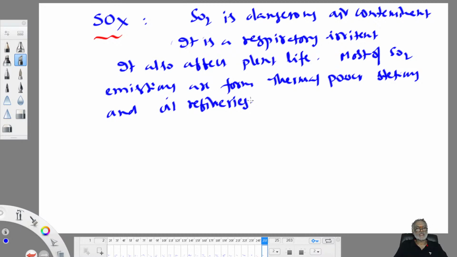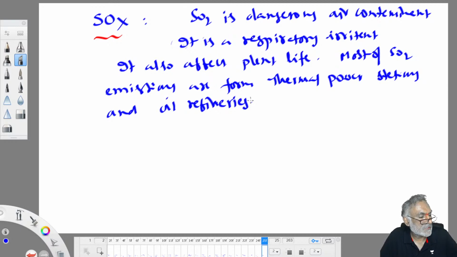So let us see what question related to SO2. We call these common sense kind of questions, okay? One GATE question is there.